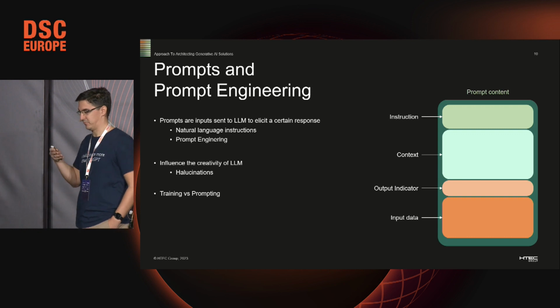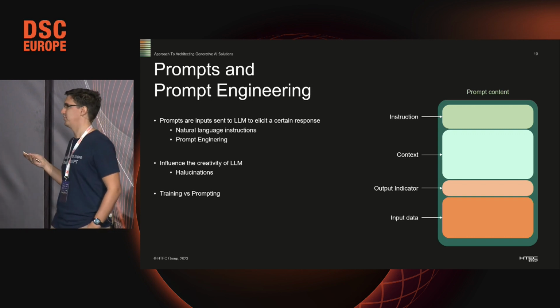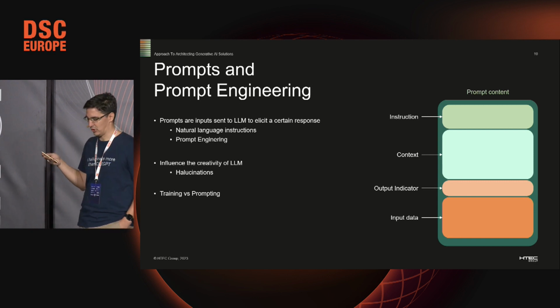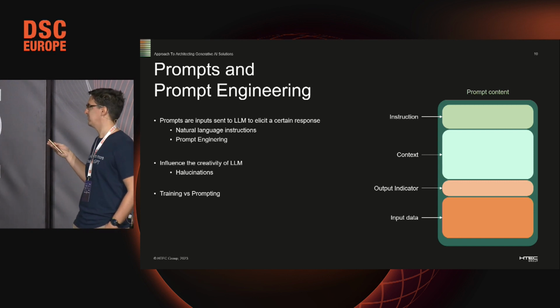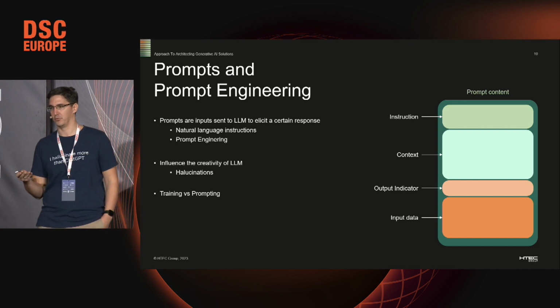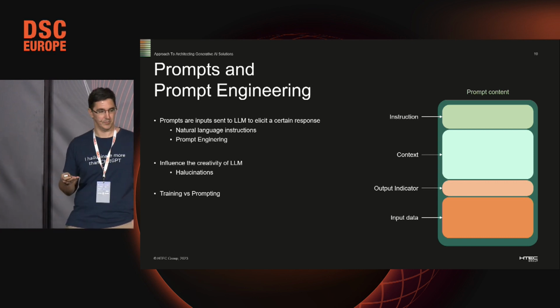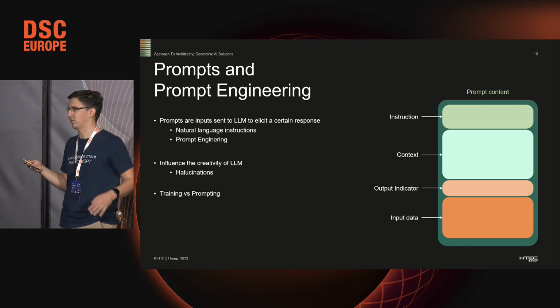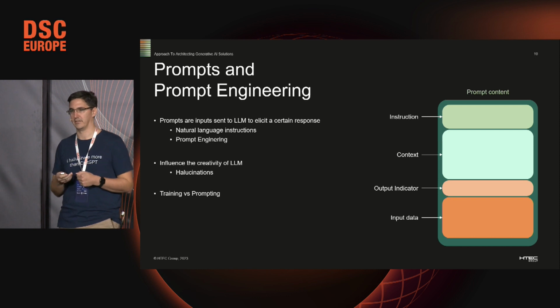So you are aware that there are something called prompts and prompt engineering right now, and I just want to show you that the prompts are nothing else than natural language instructions that you provide as input text to these LLMs. And the engineering part is the context that you put inside this prompt.